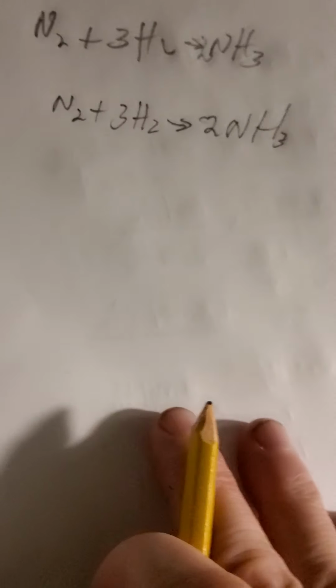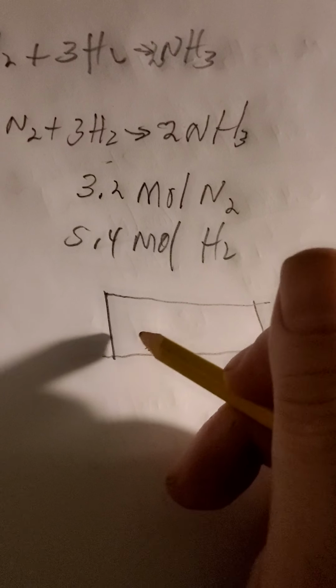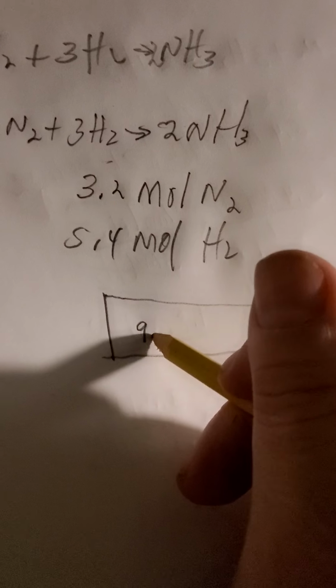And I know from my calculation that I have 3.2 moles of nitrogen, 5.4 moles of hydrogen. But from my limiting reagent calculation, I found that I am going to run out because what's required is 9.6 moles of hydrogen.